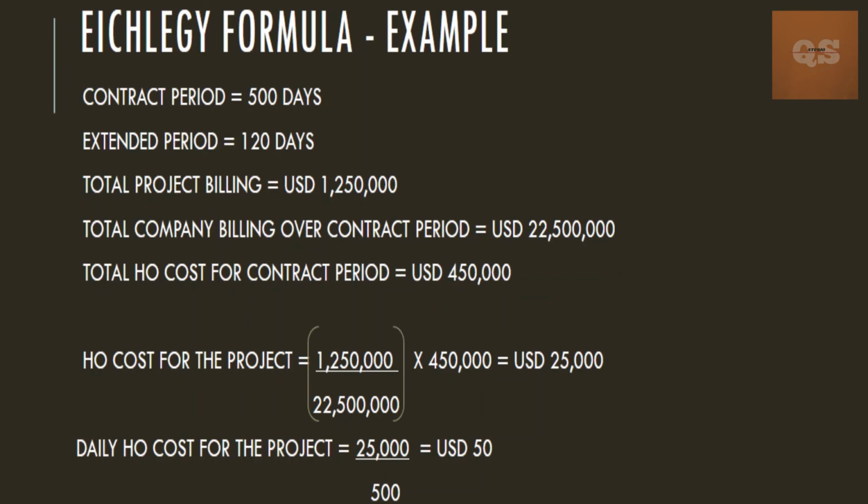So first you will need to find out the head office cost for the project. So that will be your project billing divided by your total company billing into the total head office cost. So 1.25 million US dollars divided by 22.5 million US dollars into 450,000, which will give you US dollars 25,000. So this is your head office cost for that particular project for that contract period.